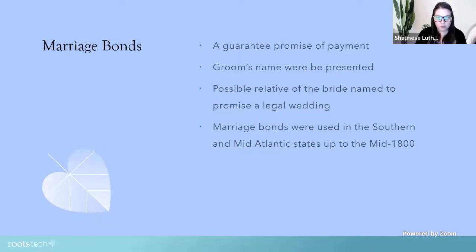So when you're looking at marriage bonds or marriage records, always double check the backside to see if there's a signature of the father if the bride is underage. And then if you're working in the southern or mid-Atlantic states, they did marriage bonds up to the mid-1800s. So it depends on the area and location that you're working in, whether there are marriage bonds or not.